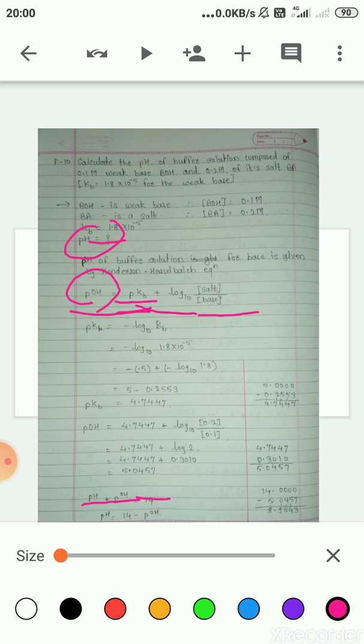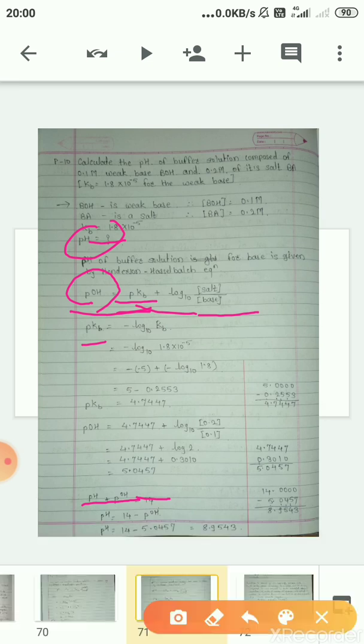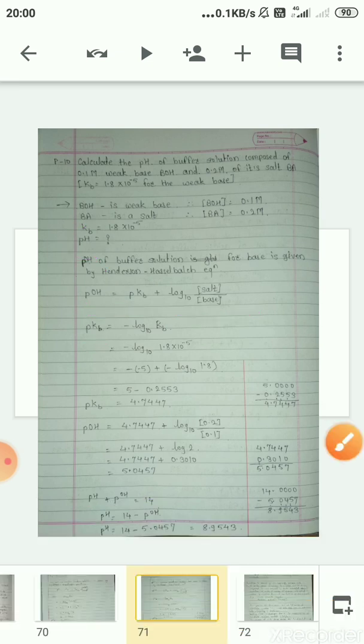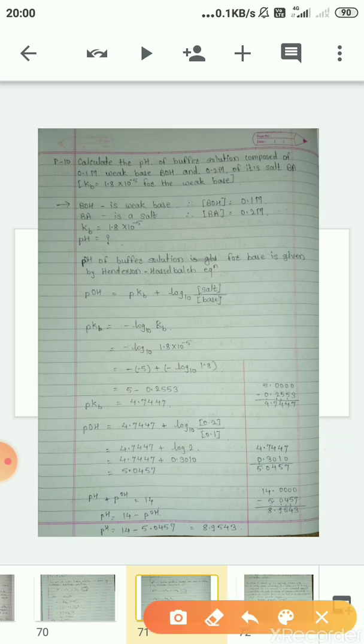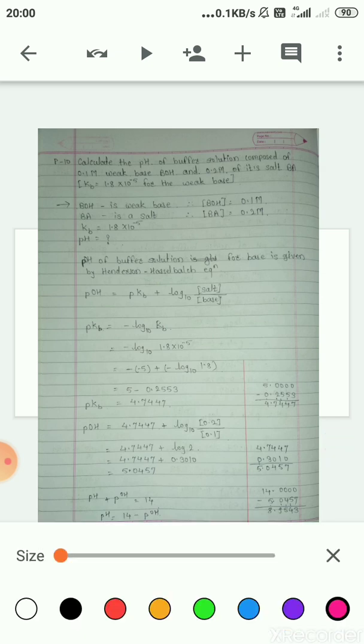In the same way we are going to first calculate the value of pKb by using the value of Kb, and therefore we have written here first pKb is equal to negative log to the base 10 of Kb, and substituted value of Kb is 1.8 into 10 to power minus 5.